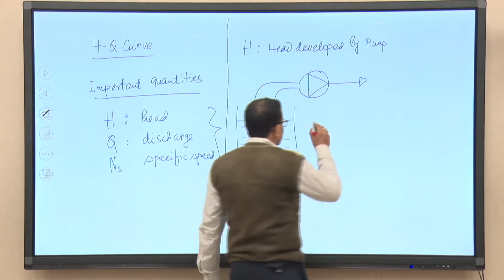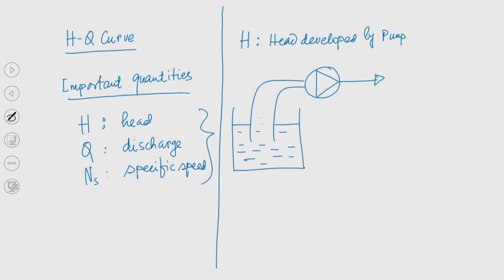What is most important to know in this class is that this H can be written as Hs plus Hd minus (Vs square minus Vd square) by 2g, right. So, that is what we have derived in the last class.